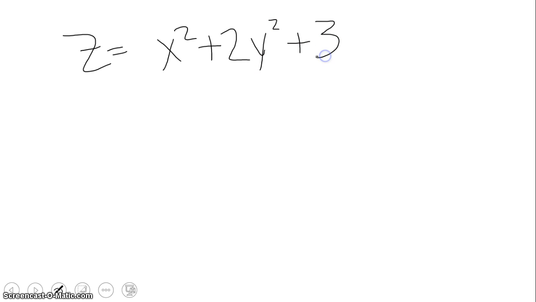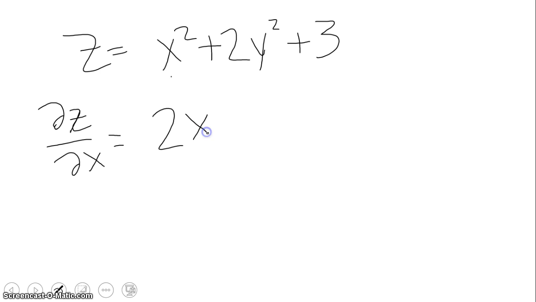Let's try another example. If we have z equals x squared plus 2y squared plus 3, and we're looking again for our partial of z in terms of x, the x is our variable. So we'll get 2x. y is a constant, so y acts just like a regular number, so these both will go to 0, and 2x is our answer.